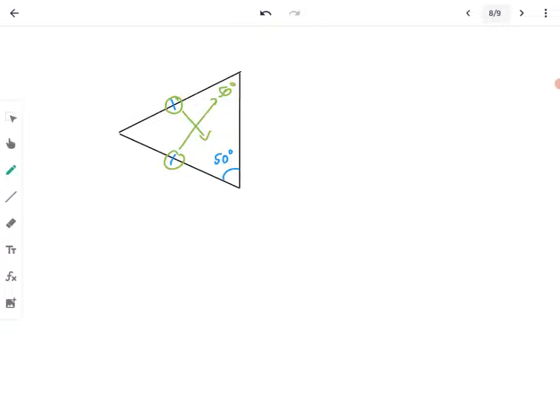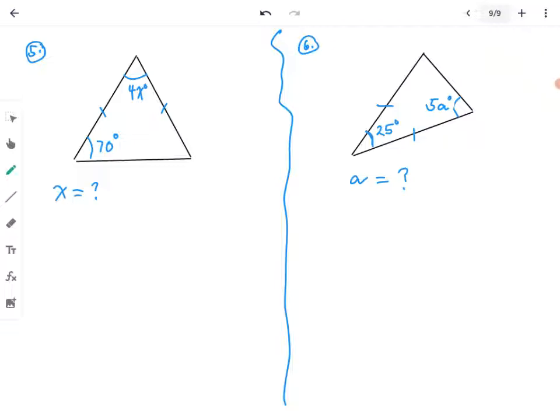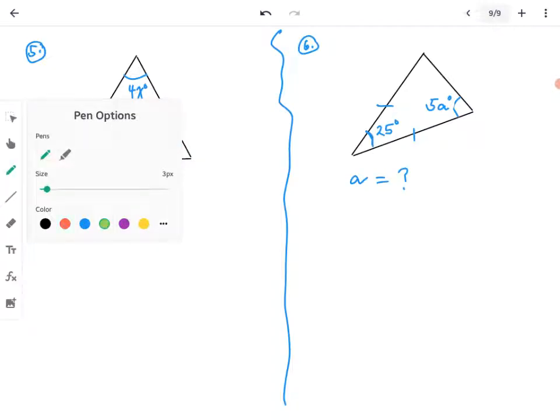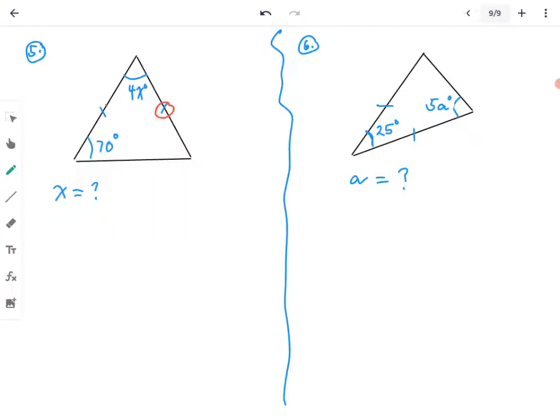So let's bring that to a certain problem. In number 5, as you can see, the markings are here. The angle opposite to the first mark is 70 degrees, meaning the angle opposite to the second mark is also 70 degrees, because this side is equal to this side because of the markings.